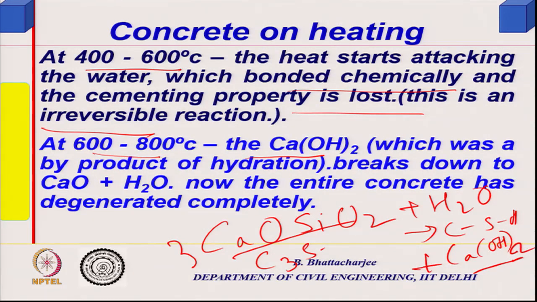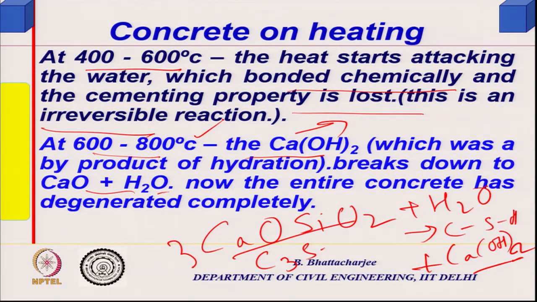Calcium hydroxide is also a product of the cement reaction, and this breaks down between 600 and 800 degrees centigrade, and everything breaks down to calcium oxide and H2O. Therefore, the entire concrete system degenerates completely up to 800 degrees centigrade.